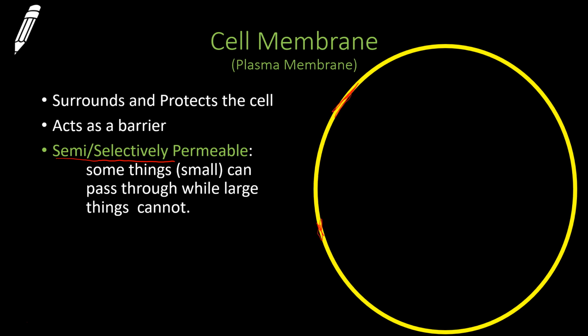Okay, so small things like water or CO2 could easily move through the cell membrane. They could go inside or out of, okay, because they're very small. Larger things like proteins, they're too large to move straight through the cell membrane, okay? But for now, I want you guys just to know that some things can move through freely, such as water, oxygen, or carbon dioxide.